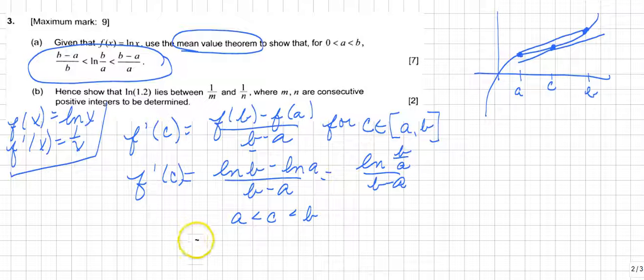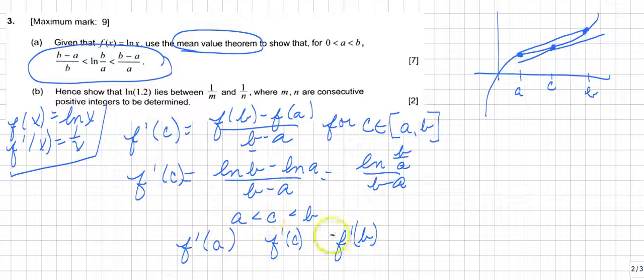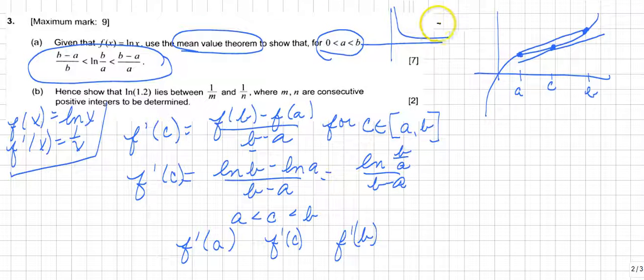So f prime of a, we're trying to set up the relationship here because we're dealing with the derivatives, and f prime of b, we want to see how these things are related, and then f prime of c. Well, we know that's somewhere in between, but since the derivative is 1 over x, if you think about what 1 over x looks like graphically, when x is 0 it's undefined, so the graph goes like this, and in the original instructions we know that everything's greater than 0, so we're only concerned with that portion of the graph.